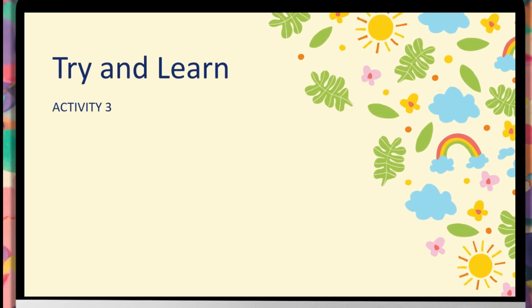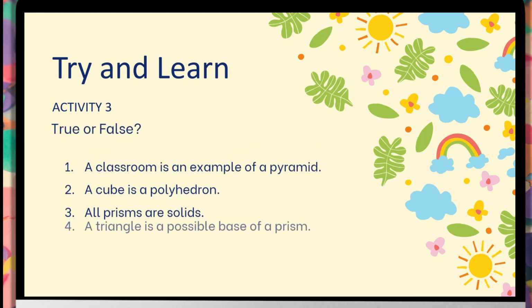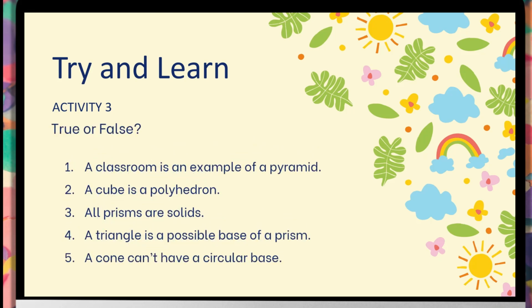This time, you are going to tell if the following statements are true or false. Number 1, a classroom is an example of a pyramid. Is your classroom shaped like a pyramid? True or false? Number 2, a cube is a polyhedron. Is it really a polyhedron?